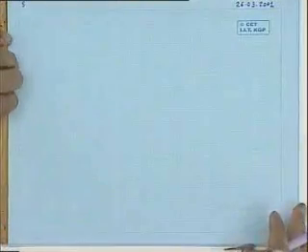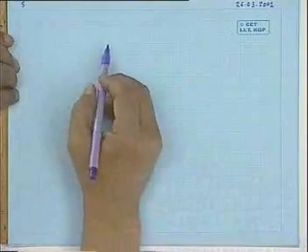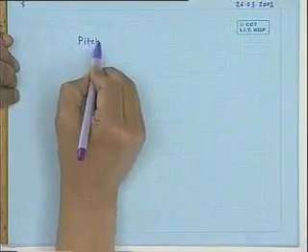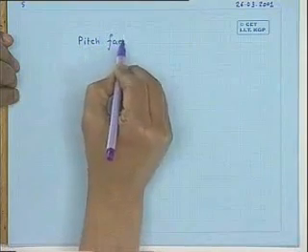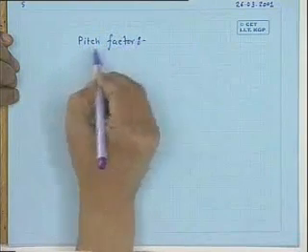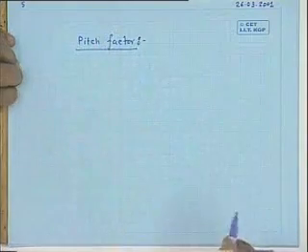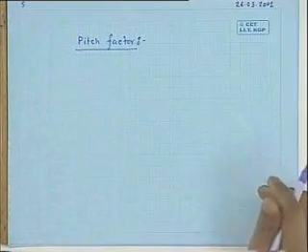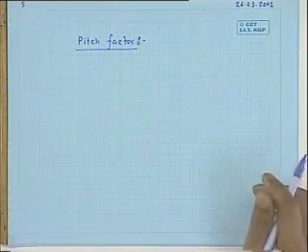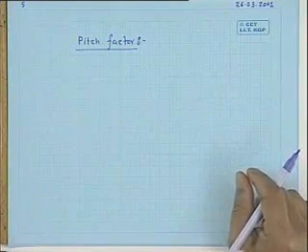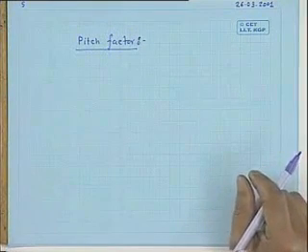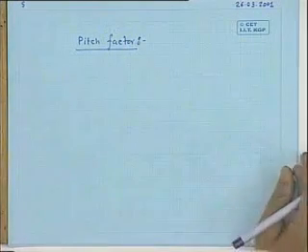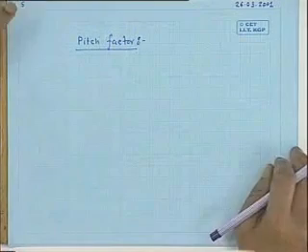Now there is another factor which can also reduce the effective number of turns, and that is called the pitch factor. So far I have told you the span of the coil should be 180 degree electrical, always, because you can maximize voltage like that.